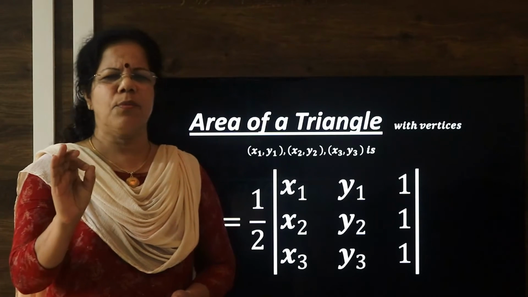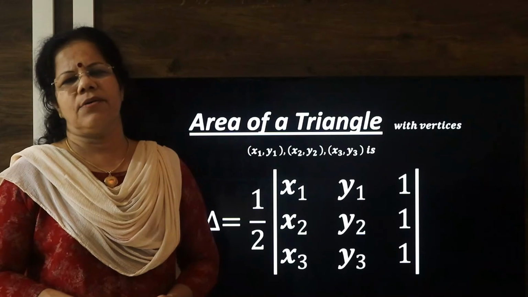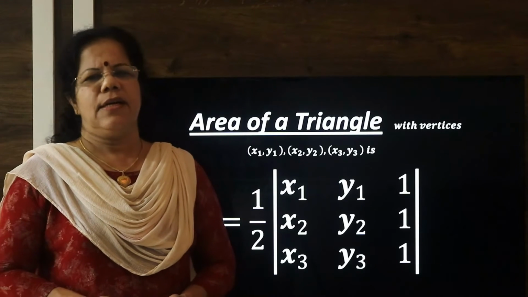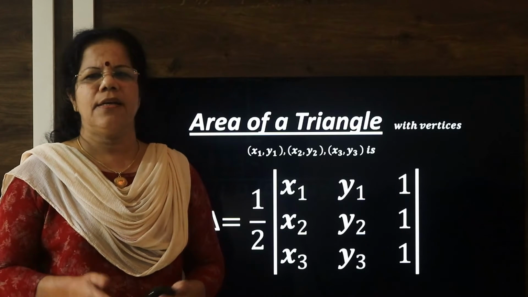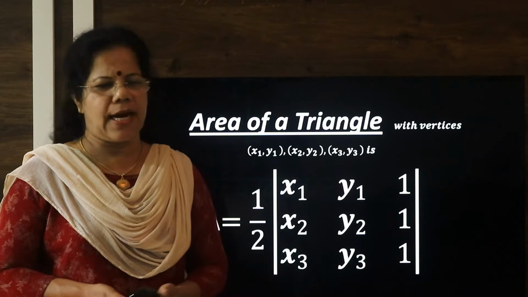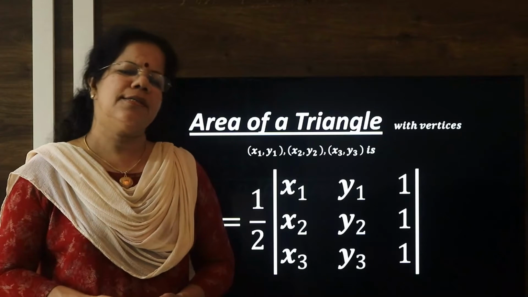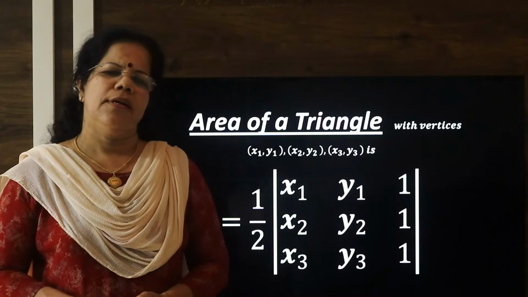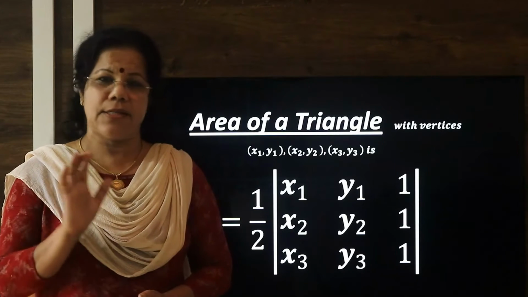The concept is very simple. If three vertices are given, you can find the area of the triangle. And sometimes the question can be, find the value of k if the area is 10 square meter. It can be like that. We will discuss some problems. Now see, suppose delta is equal to 0, what happens? If delta is equal to 0, there is no triangle at all.